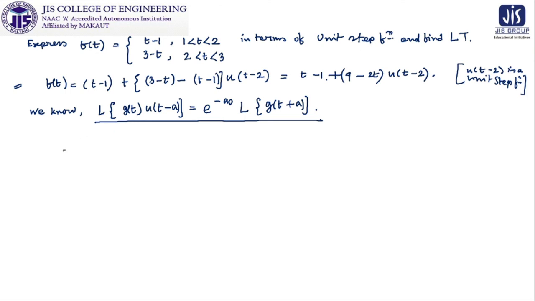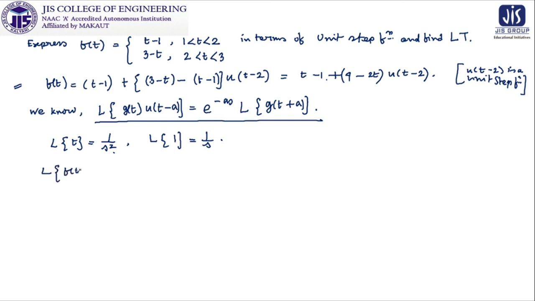Now, the Laplace transform of t is equal to 1 by s square, and the Laplace transform of 1 is equal to 1 by s. These are known to us from the Laplace transform of elementary functions. So, what is required here?